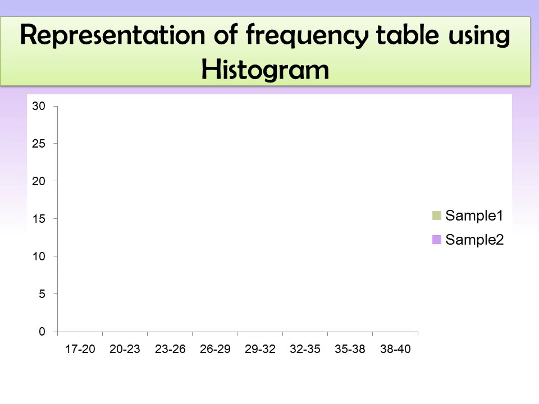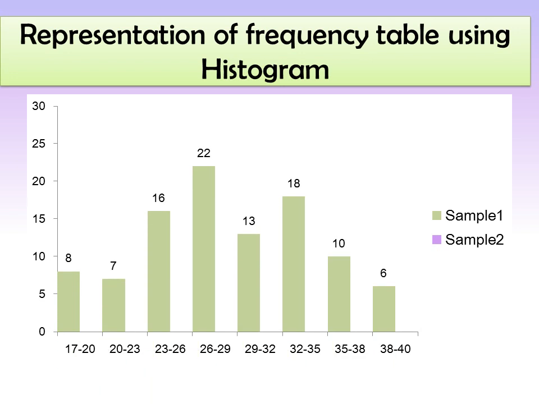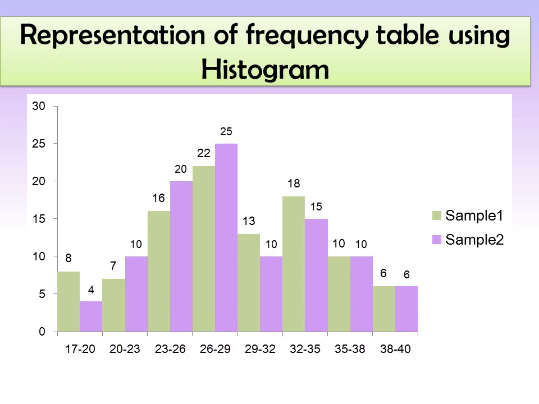We take the x-axis as class interval, and on the y-axis we take frequencies. The green bars are the sample 1 data, and the pink ones are the data for sample 2. So this is the graphical representation of the given frequency table using a histogram.